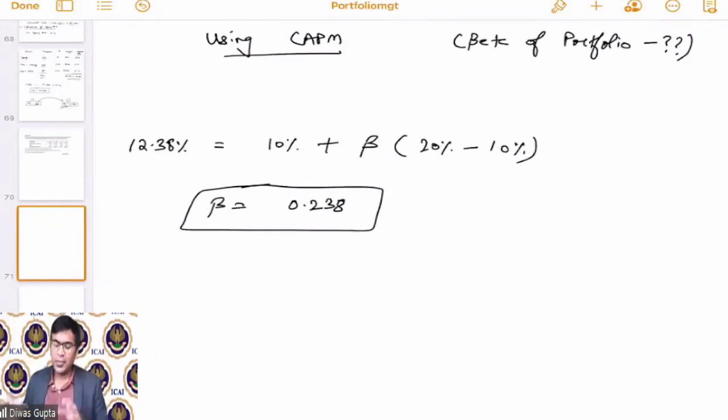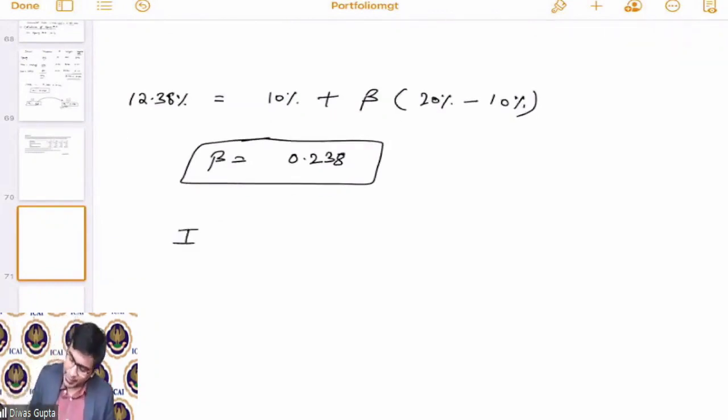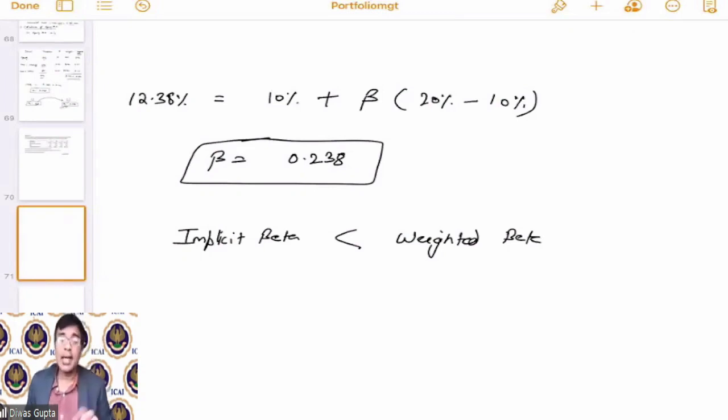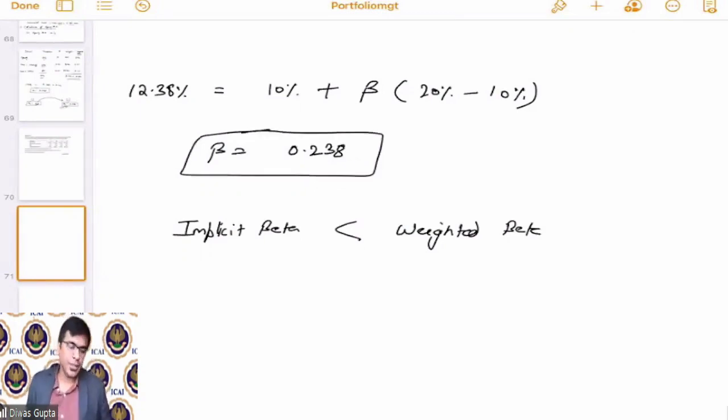Now definitely from this we are able to understand that implicit beta is lesser than weighted beta. Hence there is a need to change the composition.